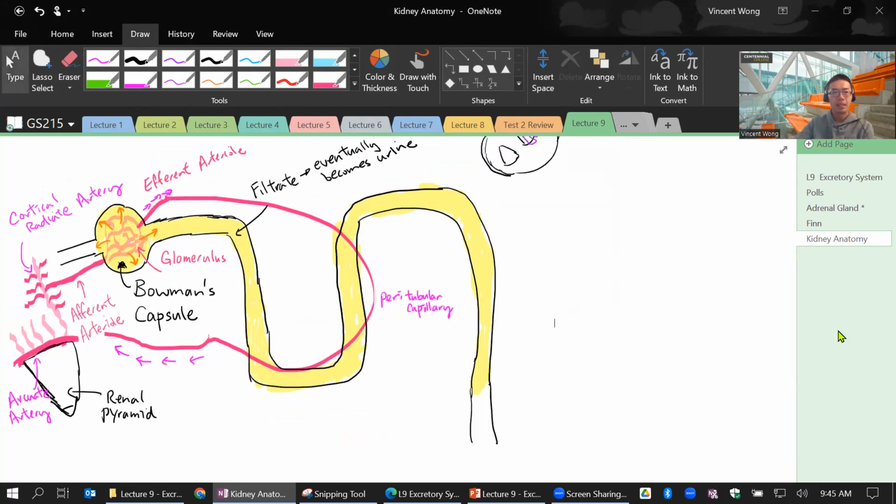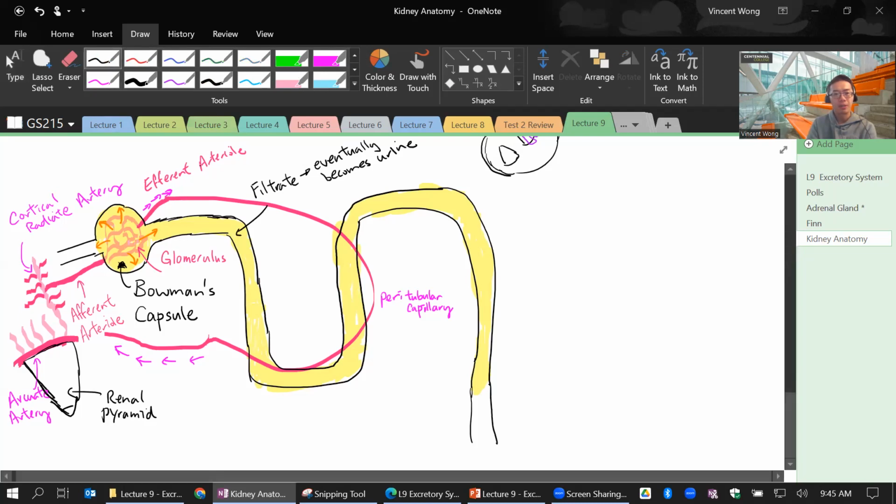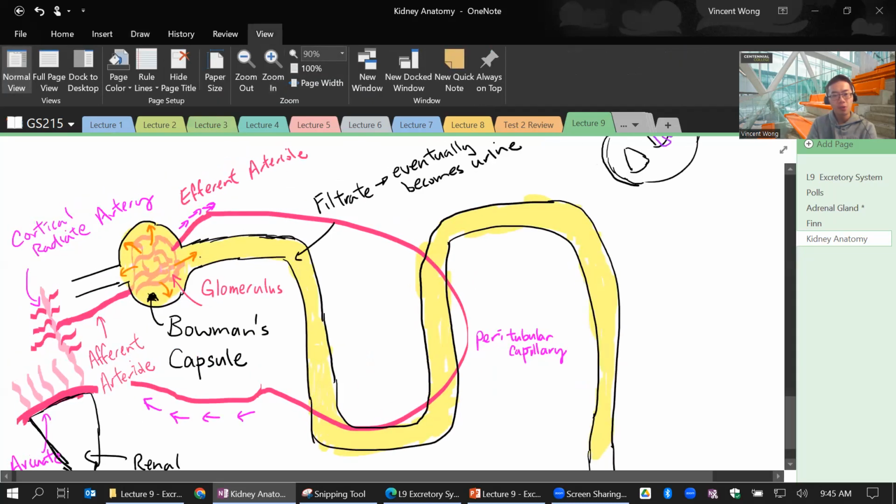Okay. You probably have to redraw this after class to make it more neat and make more sense. Okay, so let's finish this here. We're almost done with the diagram. So the filtrate will continue forward, down, right? Come back up like that, right?